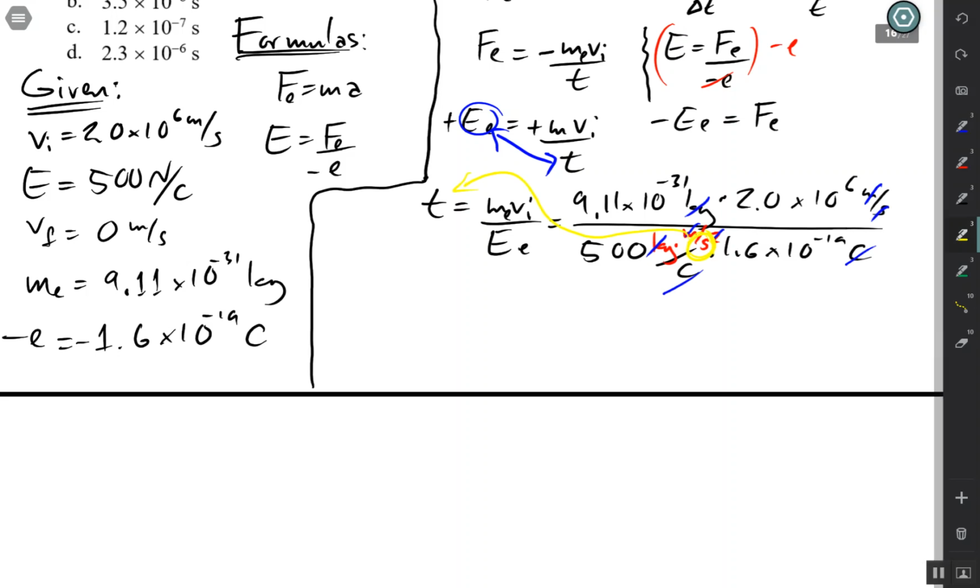Okay? I can show the unit analysis a little bit later, but let's solve this out. And, well, I've actually done this already. You get 2.2775 times 10 to the negative 8. But all our givens are pretty much in 3 sig figs.